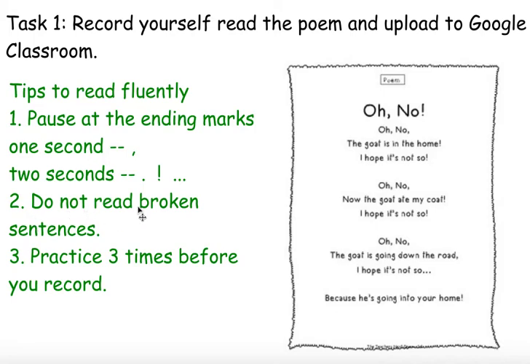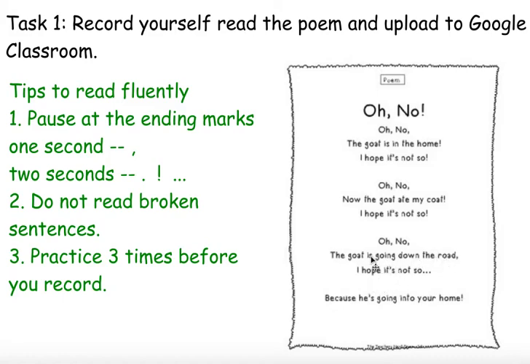Second, do not read broken sentences. This is actually the same point as the first tip. If you are doing the first tip very well, you wouldn't read broken sentences. What is a broken sentence? For example, I'm reading this part of the poem as: the goat is going, down the road, I hope.